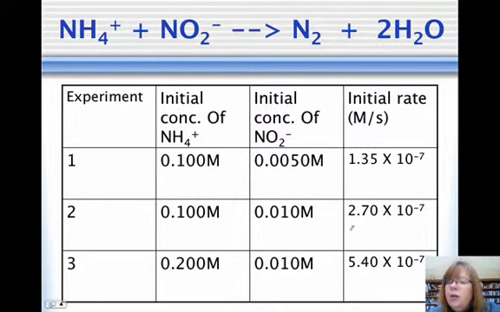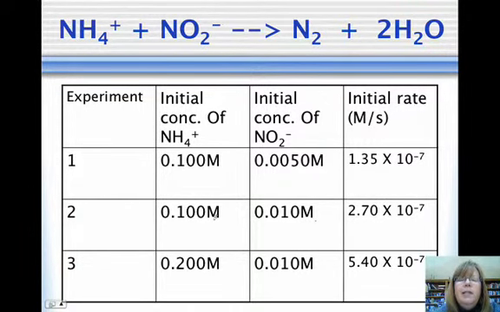Our rate changed. Now notice, between these reactions, only the nitrite changed, and then we saw its effect on the rate. We kept the ammonium the same, and we doubled the concentration of the nitrite, and it indeed did have an effect on the rate. It made the rate go twice as fast.